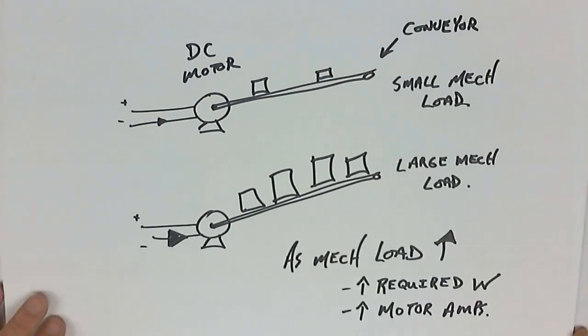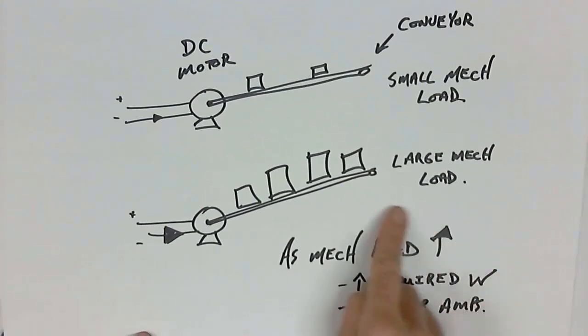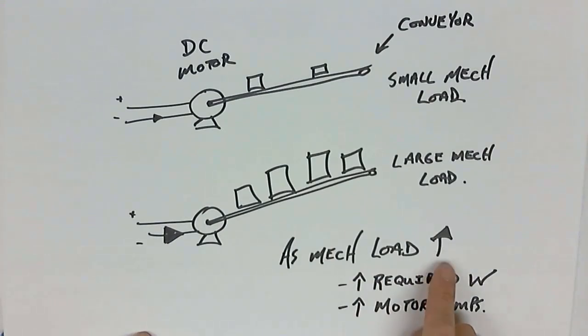And so this statement that I have at the bottom is really valid for any motor anywhere. As mechanical load is increased, it causes a reciprocal or a reflected requirement of watts in the motor to match it. And that then causes an increase in the motor amps. So a motor is a very unique electrical device.